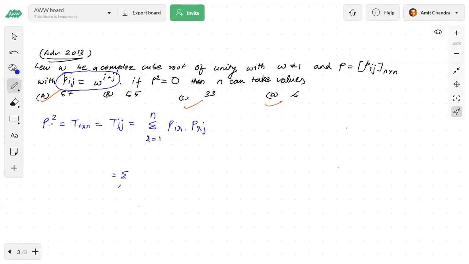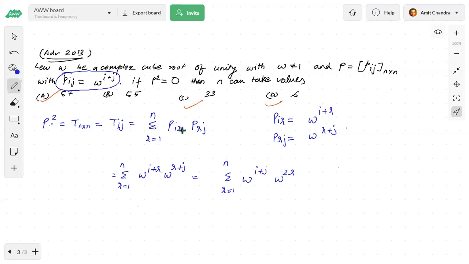PIR will be given by omega to the power I plus R, and PRJ will be given by omega to the power R plus J. So I will write omega to the power I plus R and omega to the power R plus J. So this will simply become sigma of R equals 1 to n, omega I plus J and omega 2R.